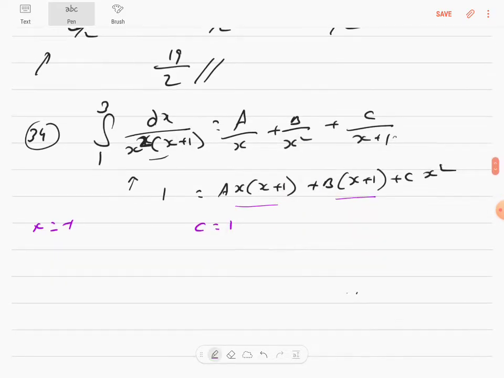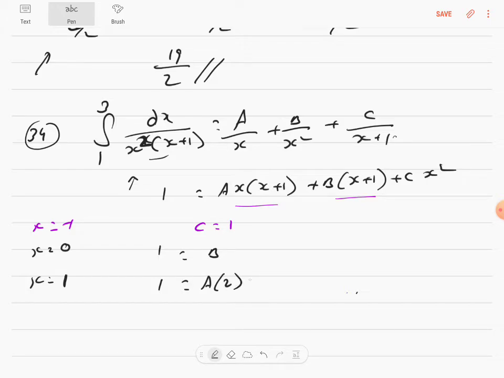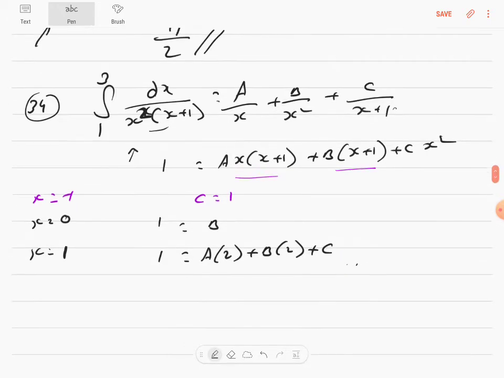Next, what do you substitute? You can substitute x as 0. So 1 is equal to 0, the whole thing will become 0, it will be b, that's all. So b is equal to 1. Next, x is equal to plus 1, say I am substituting: 1 is equal to a into 2 plus b into 2 plus c.